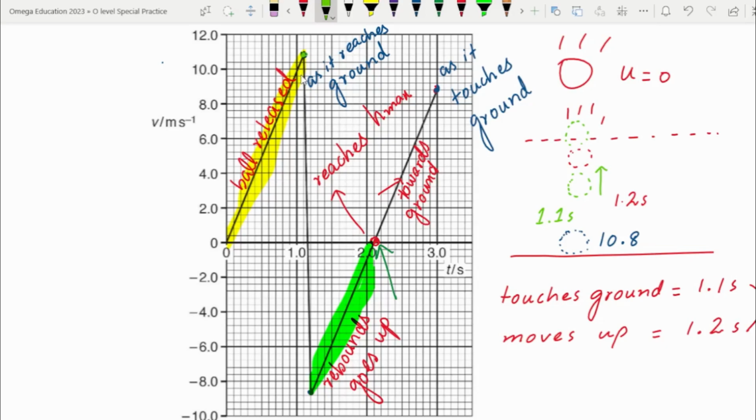So the ball's velocity would now be negative. If you assume that when the ball was coming downwards, the velocity is positive, then as soon as it touches the ground and rebounds, the velocity of the ball becomes negative. And that's why we have this thing below the x-axis, which is towards negative y-axis.